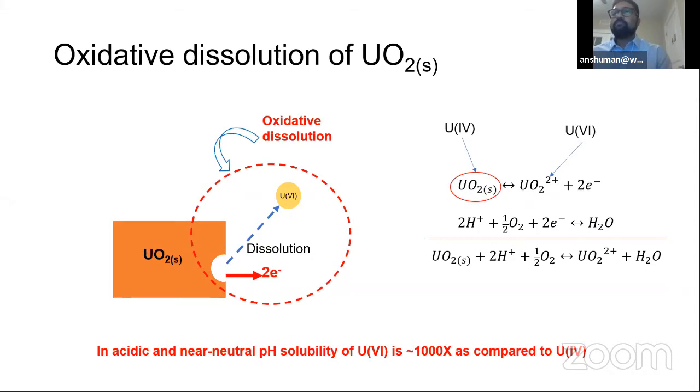On oxidation, it forms +6, which is very highly mobile compared to uranium 4. Its solubility or mobility is more than 1,000 times as compared to uranium 4. So once oxidized, uranium can be highly mobile.